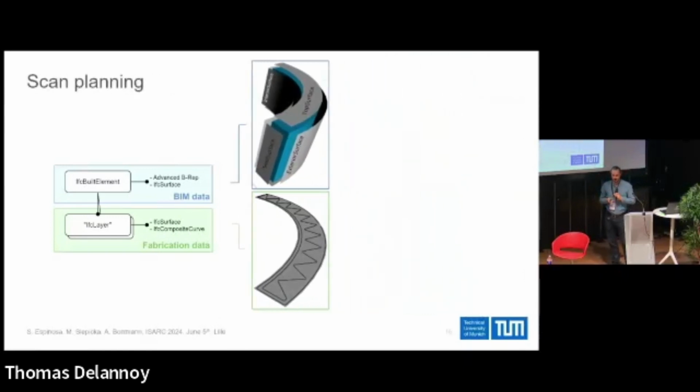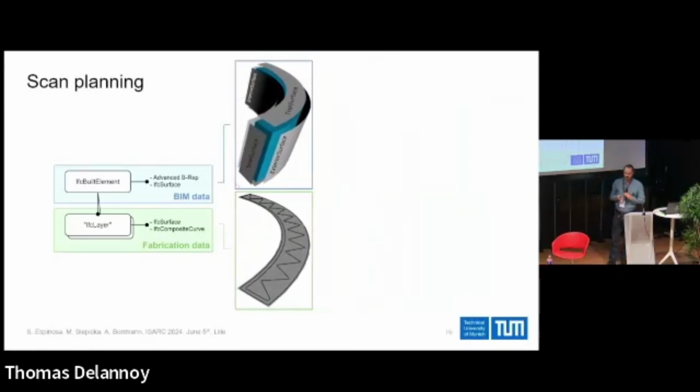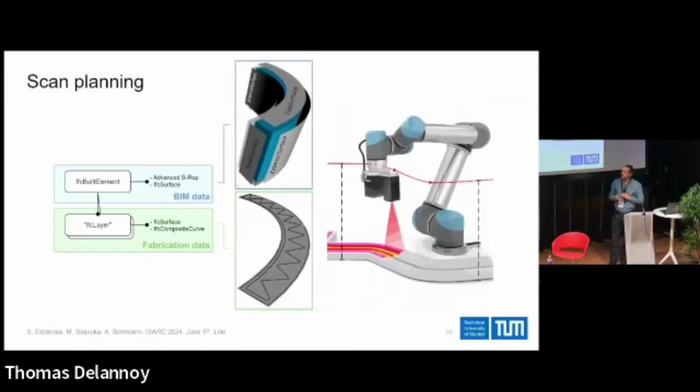So to actually do scan planning, we can utilize this data and we can create paths that follow or that are on an offset to these geometries. So for example, if we do layer-wise scanning, we can use the layer surface and plan a path that is at an offset to the surface and moves along the whole surface.